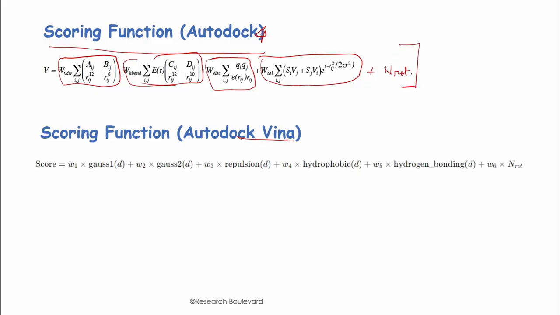W is the weighted terms, which are derived from the experimental binding affinity. Don't go into this, that's okay. I'm just telling you that these are the things that are there in docking.